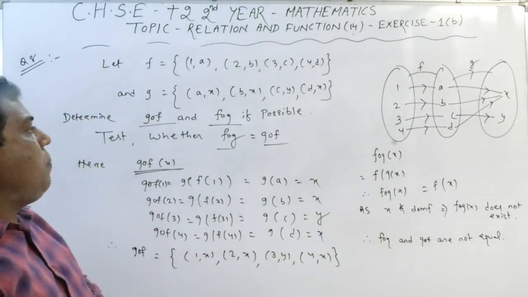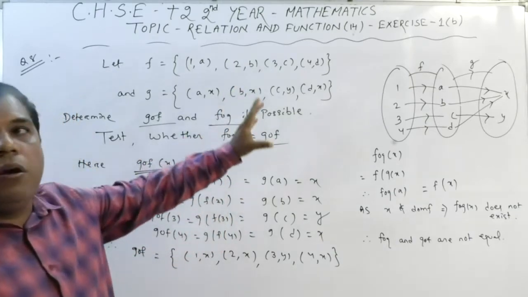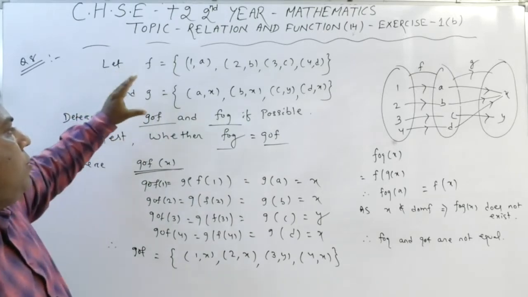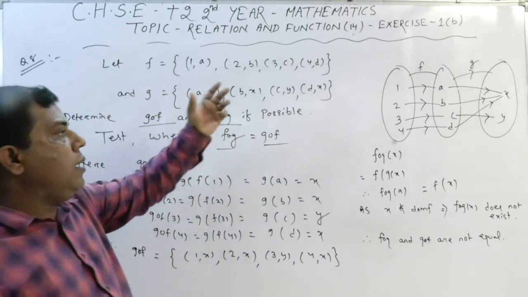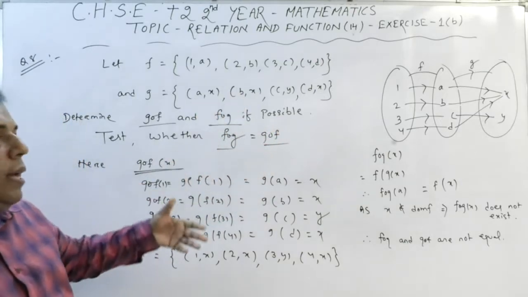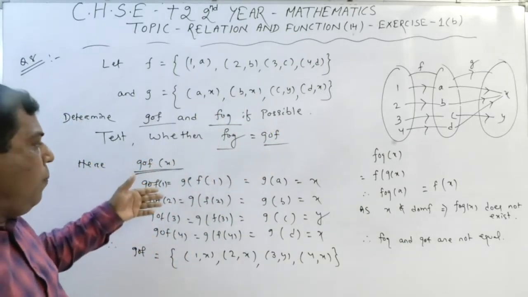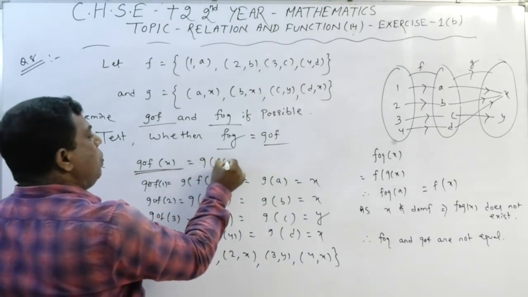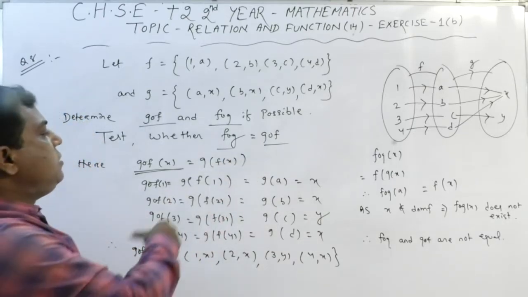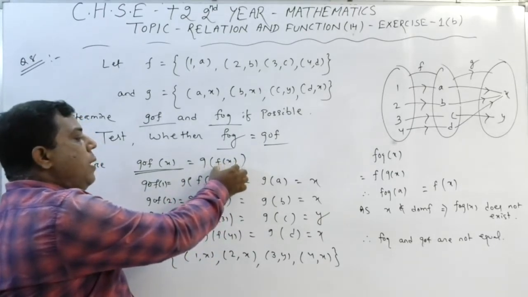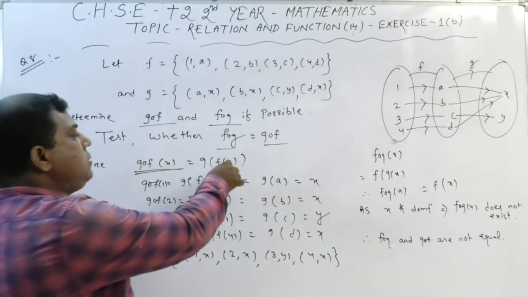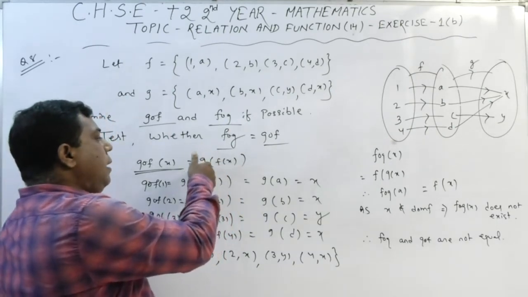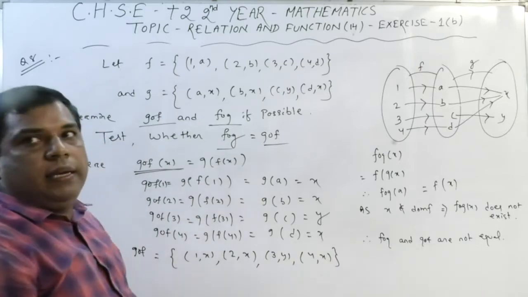Okay, so this is a problem related to f∘g and g∘f, and my dear students, look carefully and check how we are able to find g∘f and how we are finding f∘g, what is the rule behind it. Again I am telling, in g∘f, g∘f(x) means g of f of x. Okay, so g is applied on the elements of f of x, meaning those range elements of f behave like elements of the domain of g.